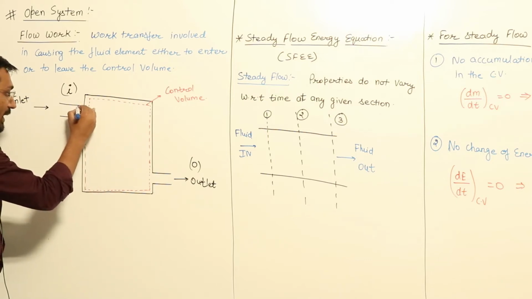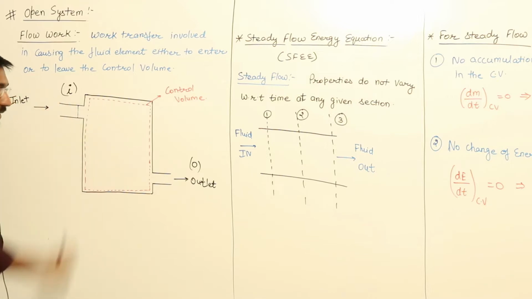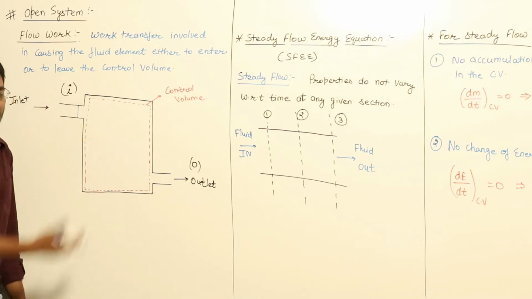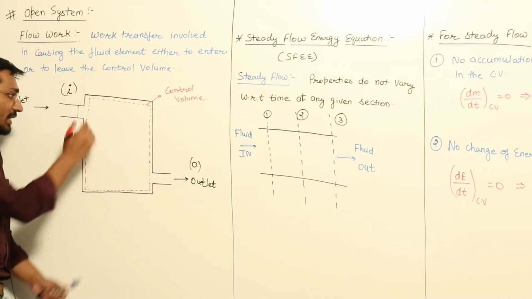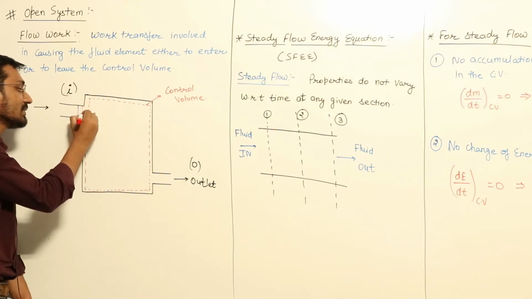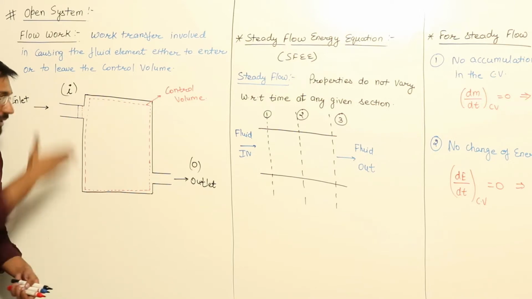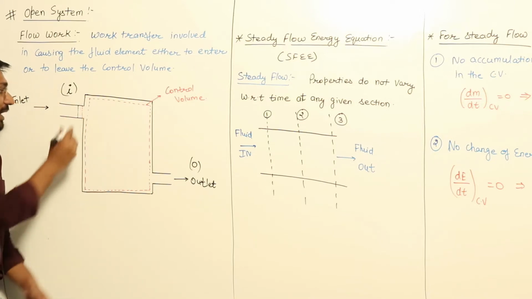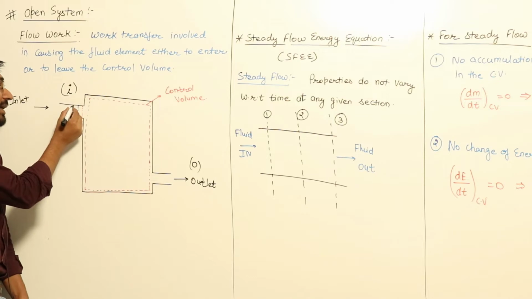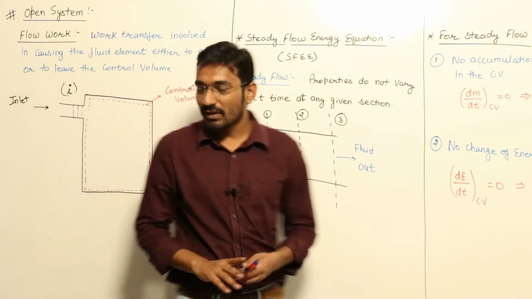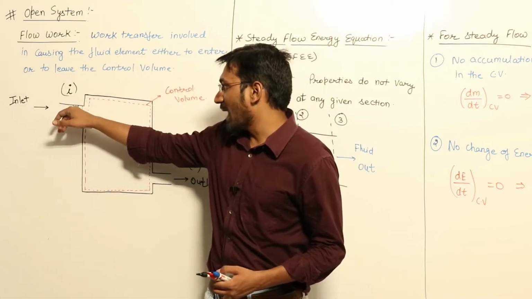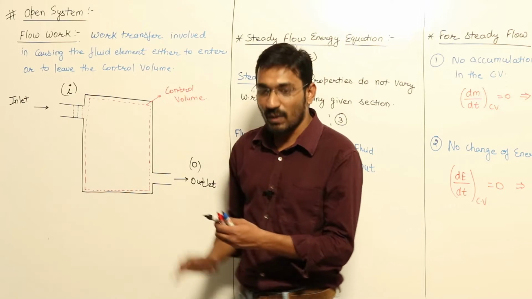Suppose this is one layer of fluid which is coming inside the system. Ahead of this layer there is one other layer, adjacent to it, and behind this layer there is another layer. These three layers we show: the first layer is this black layer, then this blue one and this red one.